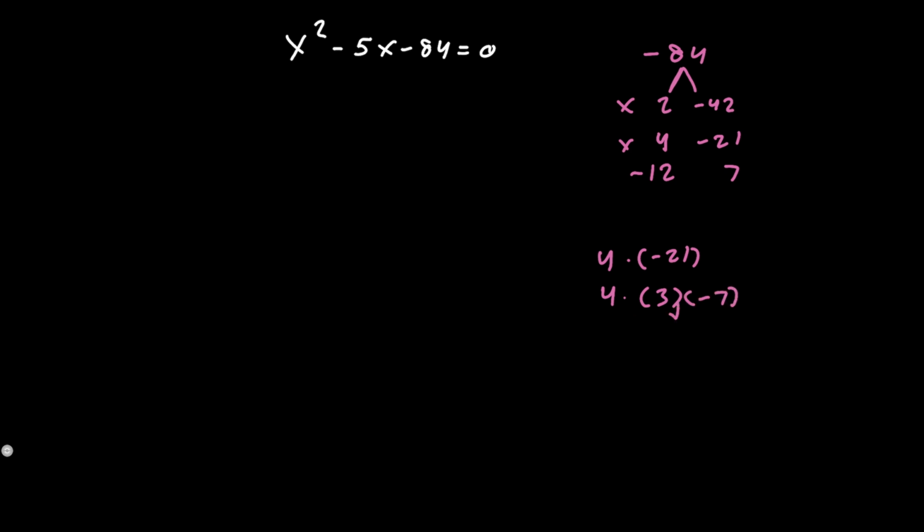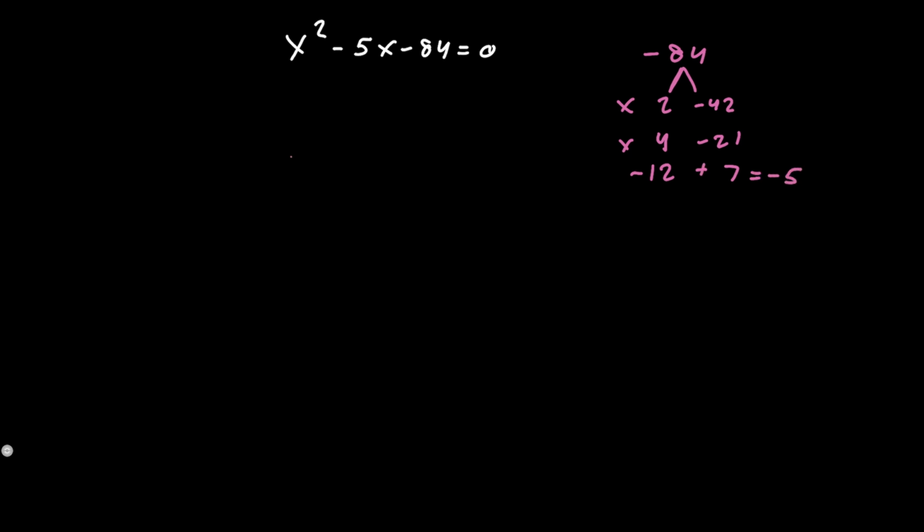And I multiplied 4 times 3, which then ended up becoming 12 times negative 7. Which then after that, I simply just factored out a negative 1, which then finally gave negative 12 times 7. So then these two add up to negative 5.